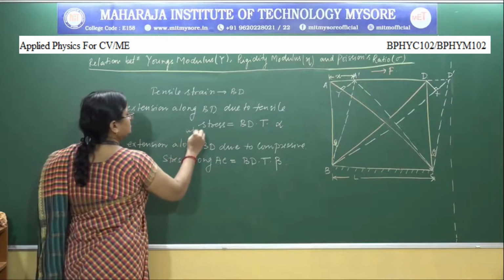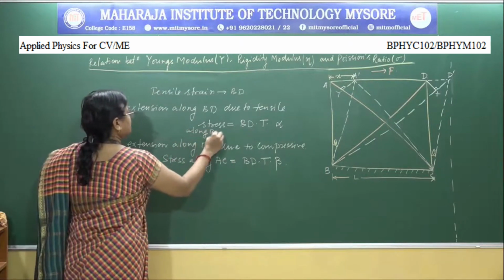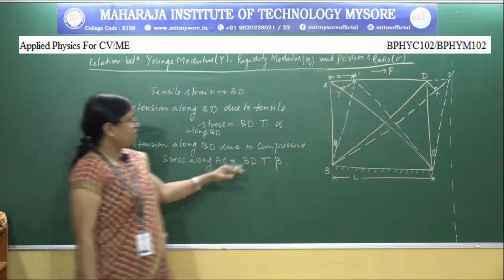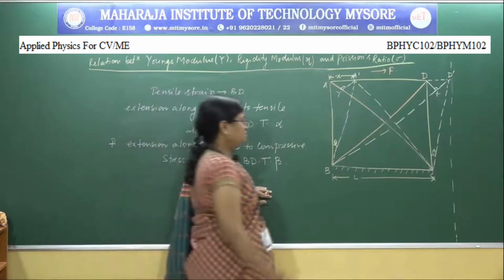This is along BD only. How to understand this alpha and beta value?